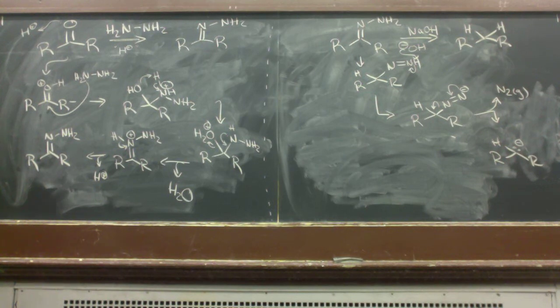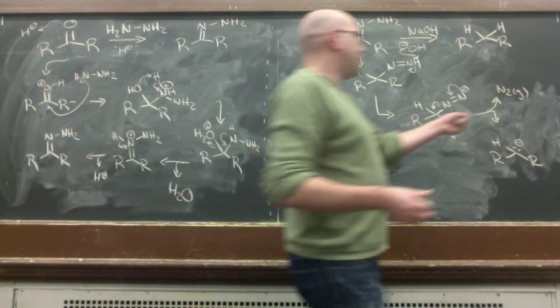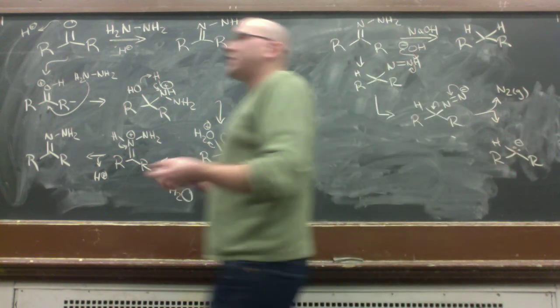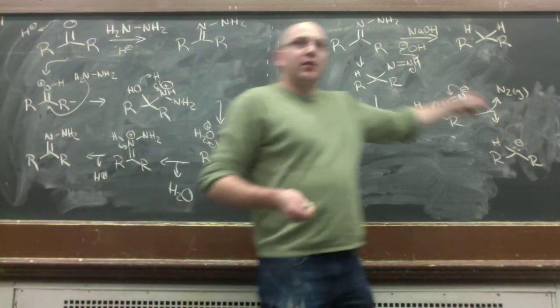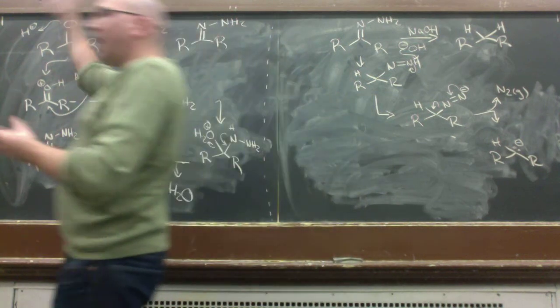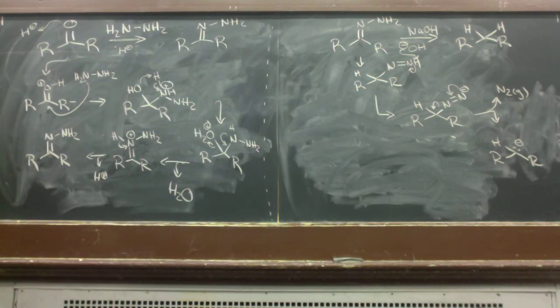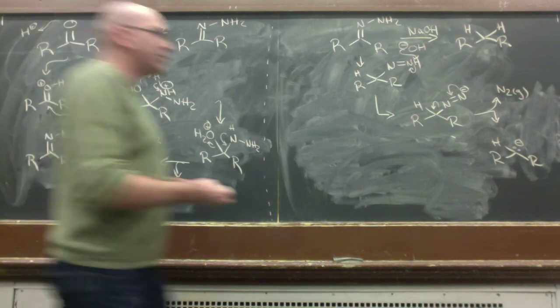But the way that you can justify this is that you're losing nitrogen gas. Every reaction is in principle a little bit reversible, but the fact that you're generating a gas renders this process completely irreversible. Because it's a gas, it goes away. So even if it's only a minor equilibrium towards this anionic form, it's all going to go that direction because your nitrogen is going to go away.